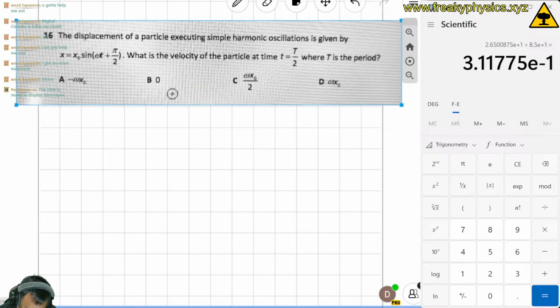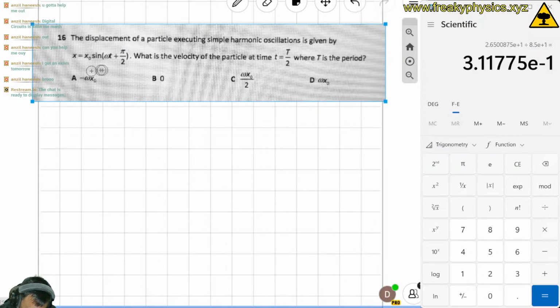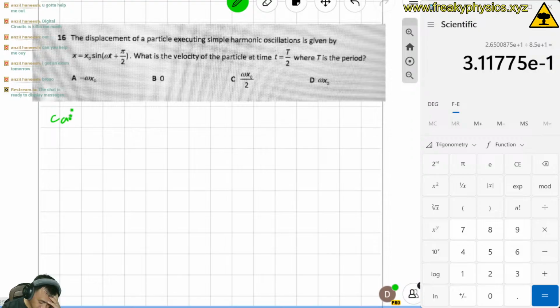This next problem here. So you're given the equation for the displacement, right? If you know how to do calculus, the shortcut is to just find the derivative of that. Okay, so calculus shortcut: v will be equal to the derivative with respect to time of x0 sine omega t plus pi over 2, right?